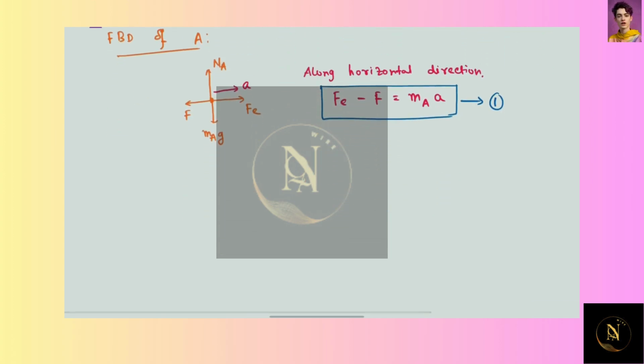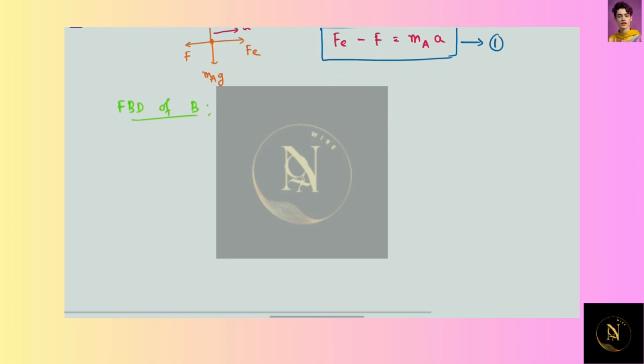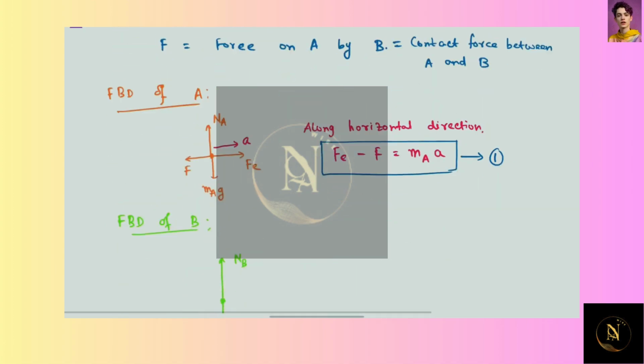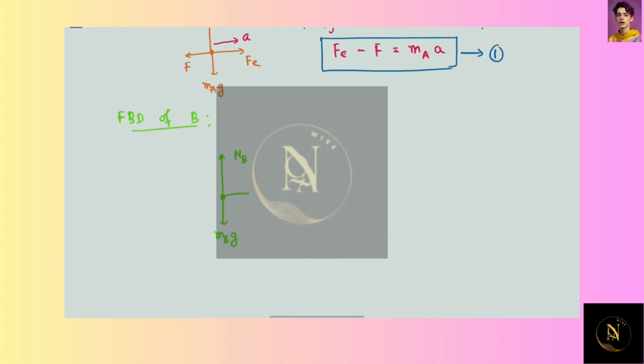Now if we want to draw the FBD of block B, then we have to replace the block B by a dot. The downward force on block B is Mb g. A normal reaction force will be acting upward, that is Nb. And then as you can see, one more force F will be acting forward, and because of that this block whose mass is Mb is moving forward with an acceleration of a.